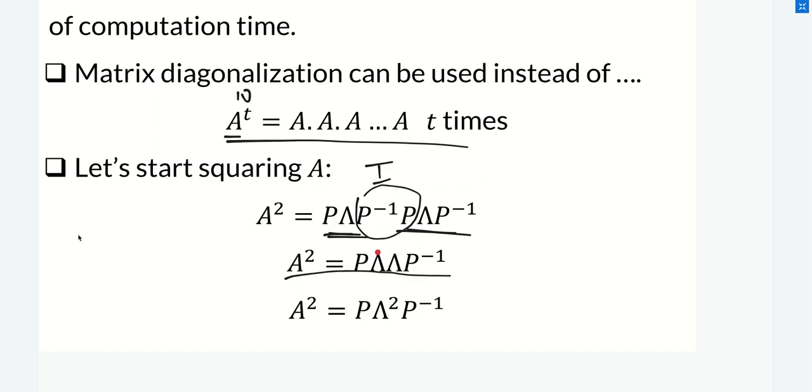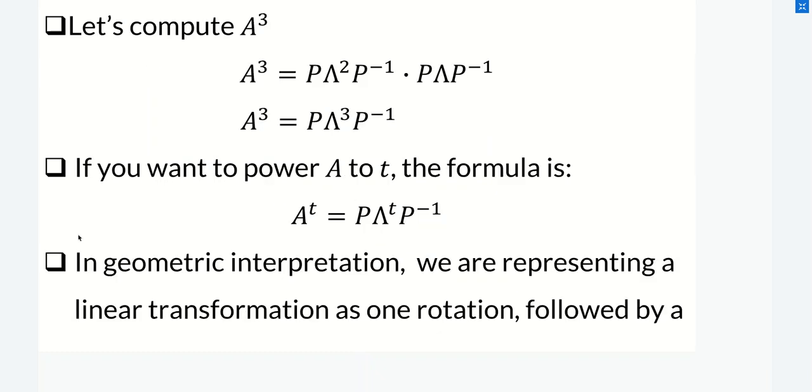Now, this is multiplying itself. So we end up getting what? 2. We have simplified this. Now, this is a pattern that if we want to calculate a cube, we simply have to multiply again, and you realize that we have gotten it. So if you look at it, we have gotten a formula.